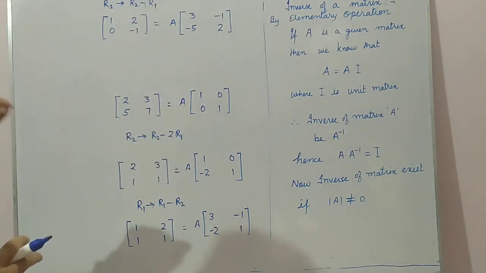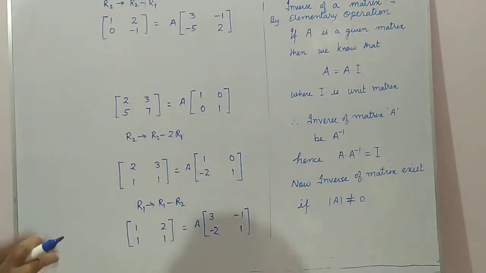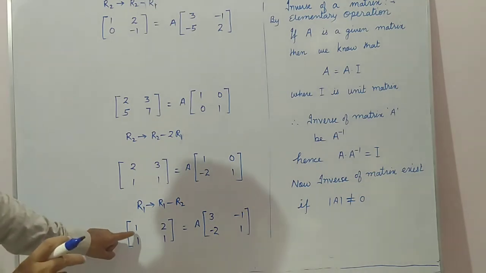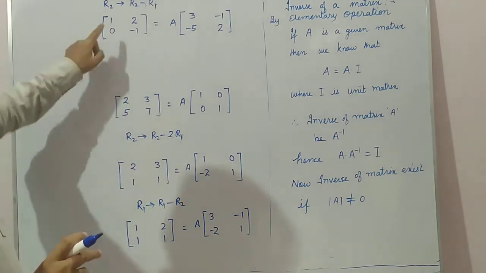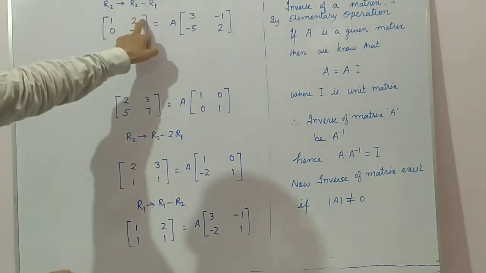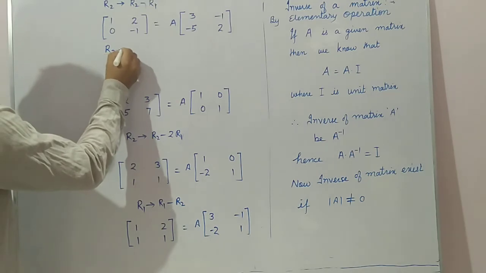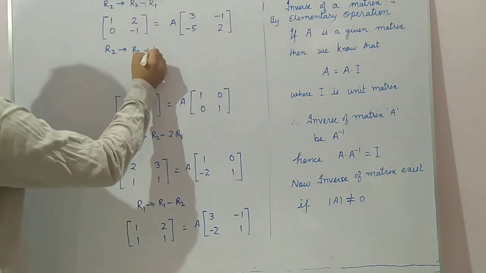Okay. So here, first step is to what? Reduce the numbers if it is bigger. After that, first step that will be to bring here 1. Second step to bring here 0. Third step to bring here 0. So here we can write R2 changes to R2 minus plus 2R1.